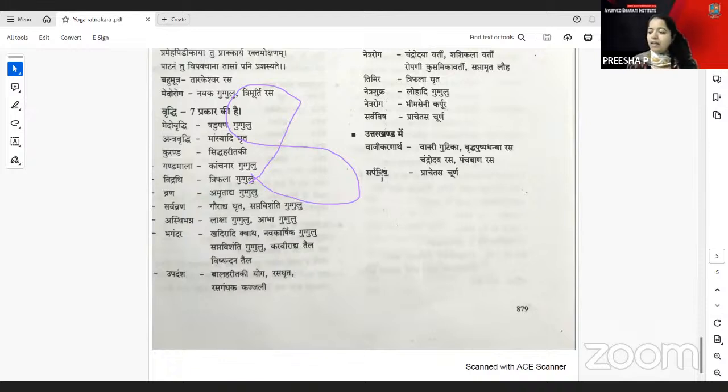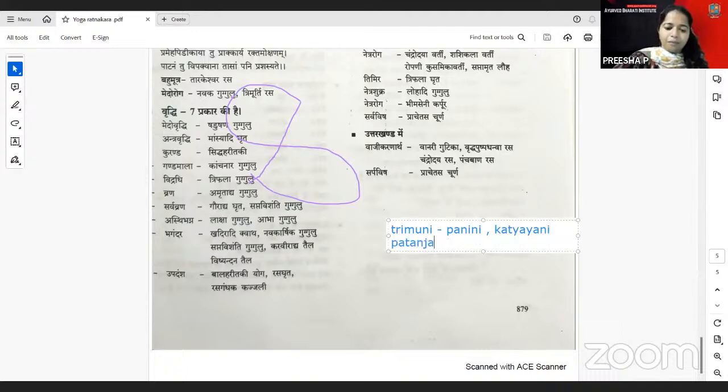And there are three munis: Panini, Katyayana and Patanjali, who are considered as the Trimuni.